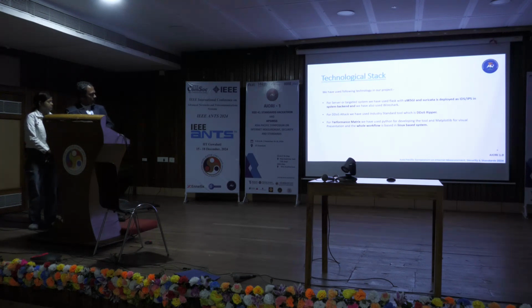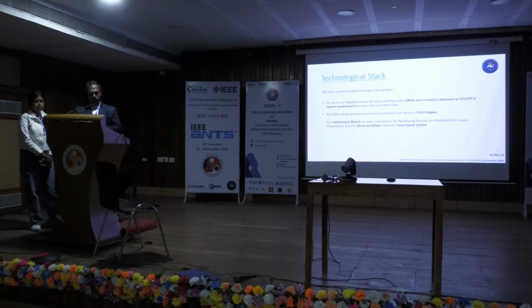On the server we have used a uWSGI server with Suricata deployed in the backend, which is the IDS/IPS working in the backend. For the DDoS attack we have used DDoS Reaper, an industry standard tool for making DDoS attacks. For the benchmarking solution we have used Python and Matplotlib for visualization.